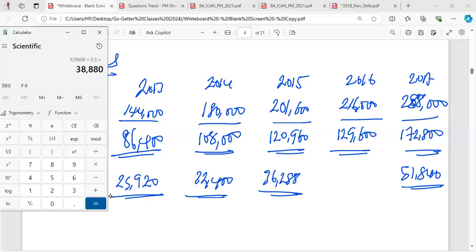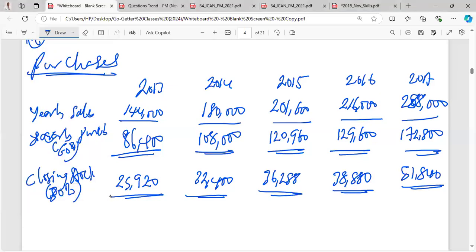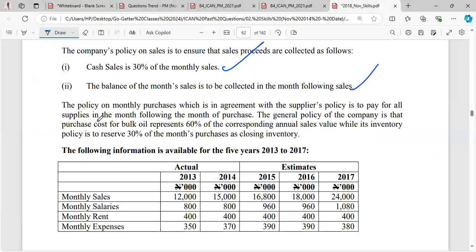Now, what we are saying, they said the general policy of the company is that the purchase cost of bulk oil represents 60% of the corresponding annual sales value. So it means 2013's purchase is 60% of 2013 sales, which we've calculated.